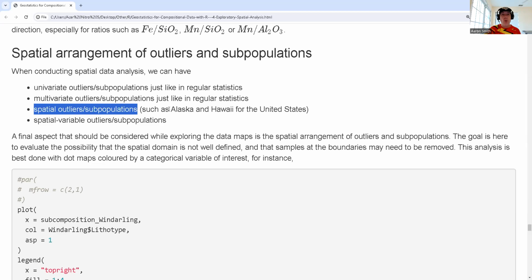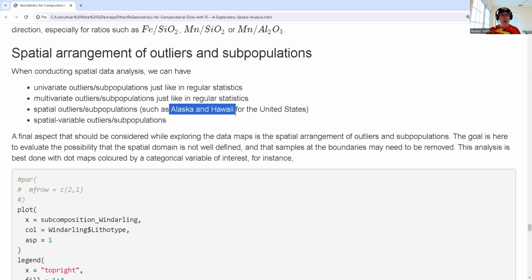For example, Alaska and Hawaii for the United States, or maybe Puerto Rico, American Samoa, Guam, the Mariana Islands. These are all geographically very far from the rest of the United States. So when I deal with these from a spatial point of view, these are outliers, and they're subpopulations, and they need to be treated as such.